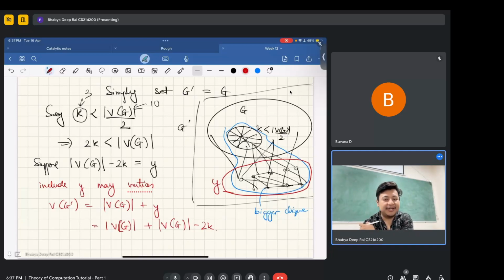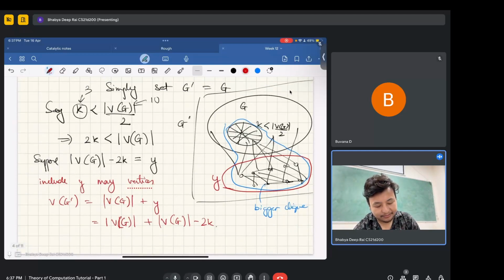So we've made it bigger by including these. Now, what is the size of the new click that we obtained? This is 2 times V of G minus 2K, which is 2 times the number of vertices minus K.